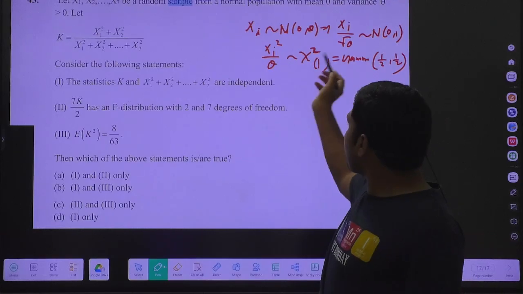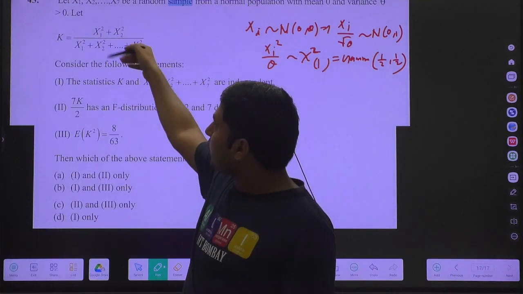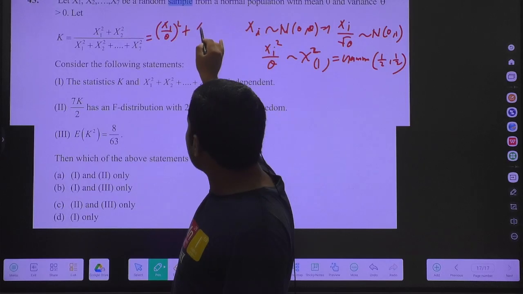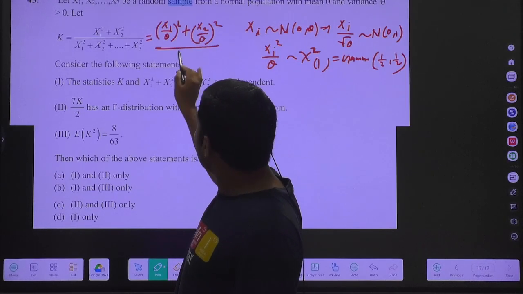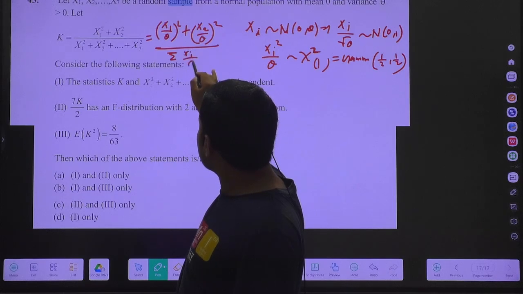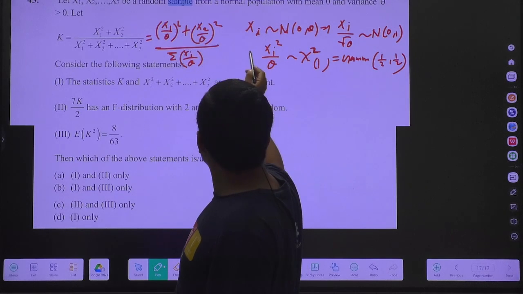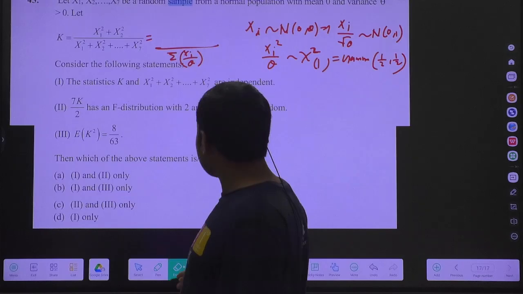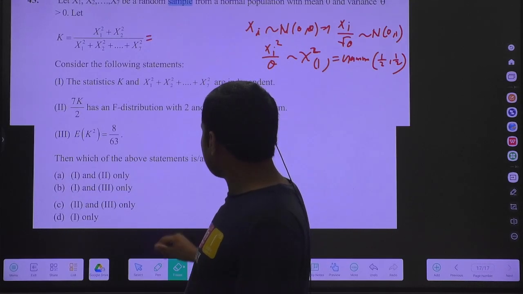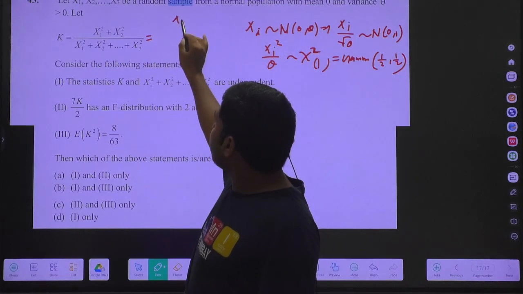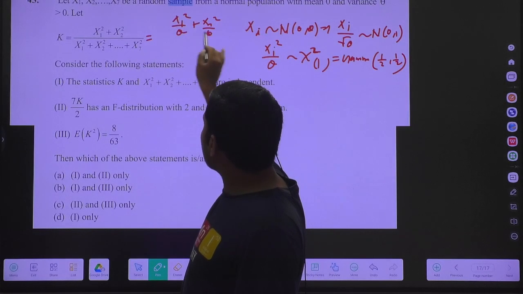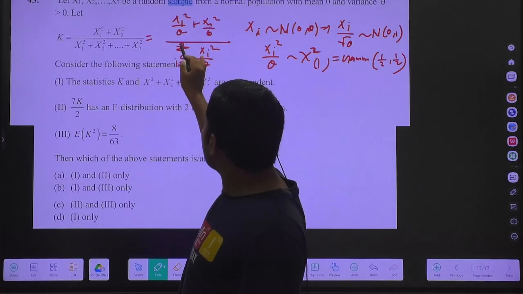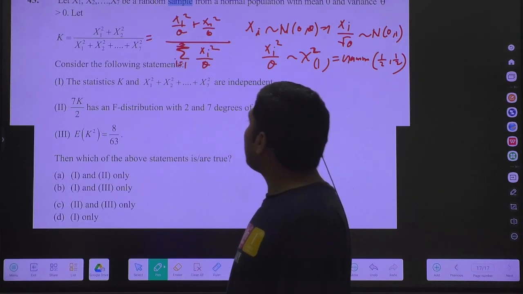So I'm saying xi square upon theta will be this. If you divide both numerator and denominator by theta, it will be x1 upon theta whole square, x2 upon theta whole square, and the denominator is the summation of xi square by theta, i from 1 to 7.